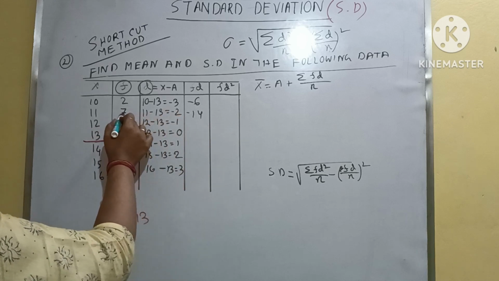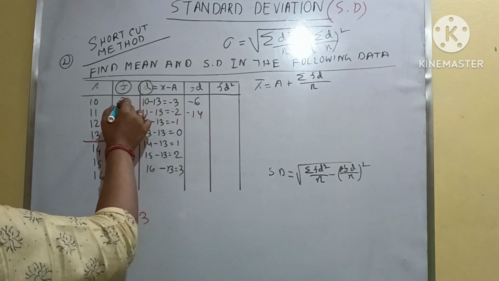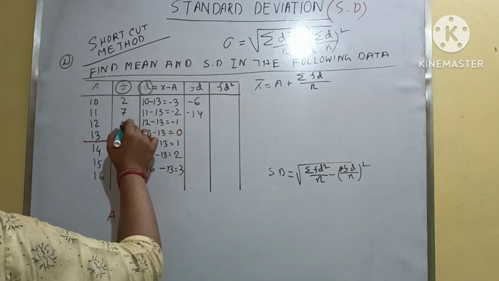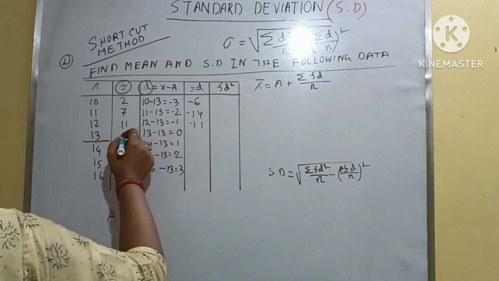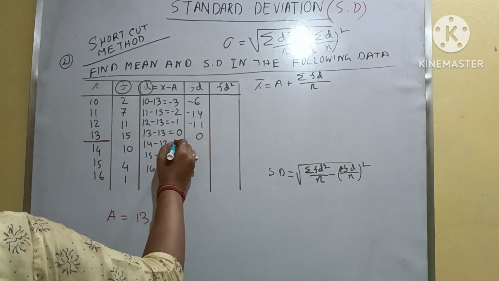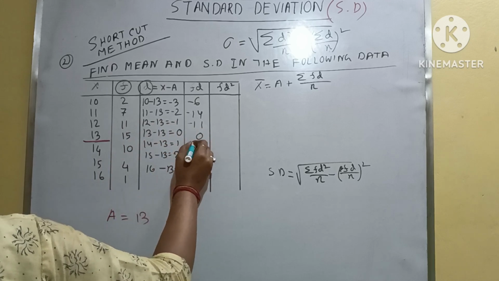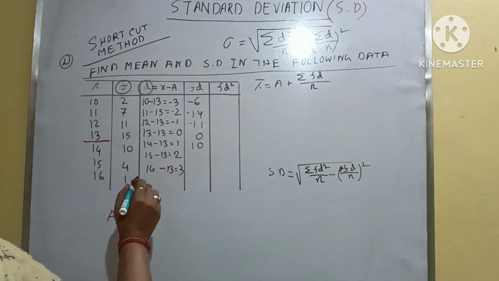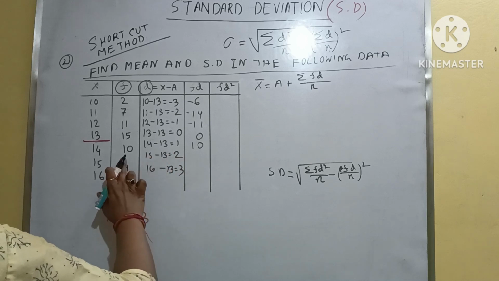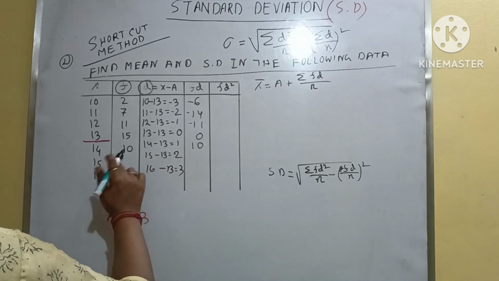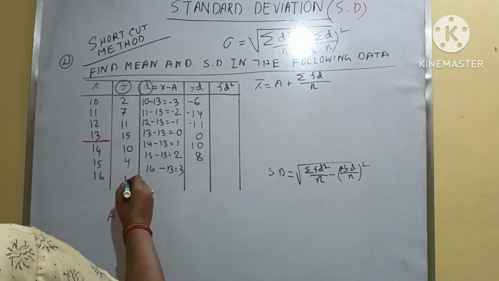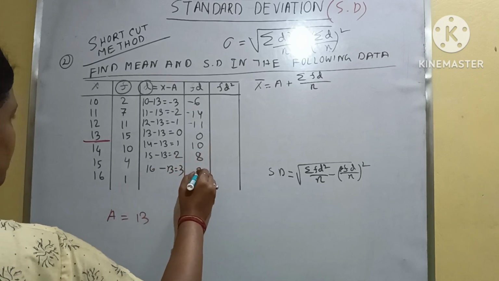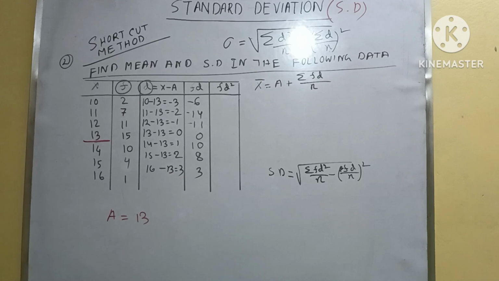Minus 3 into 2 is minus 6. Then 0 into 15 is 0. Then 1 into 10 is 10. 2 into 4 is 8. And 3 into 1 is 3. Clear?